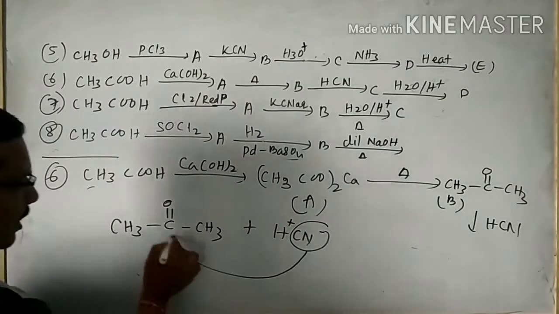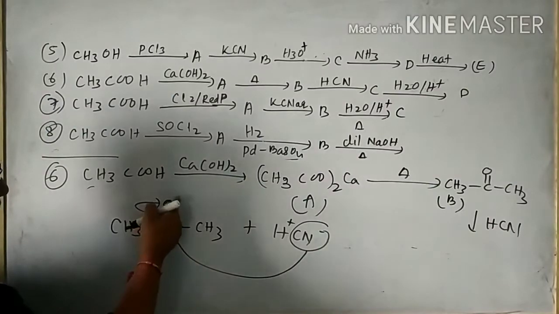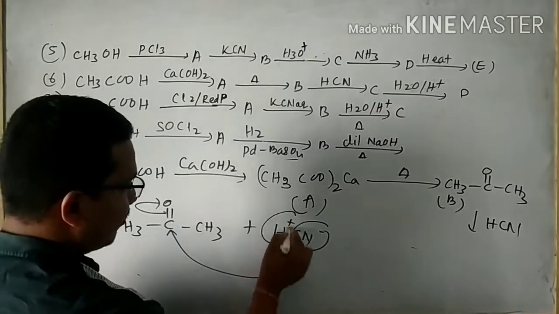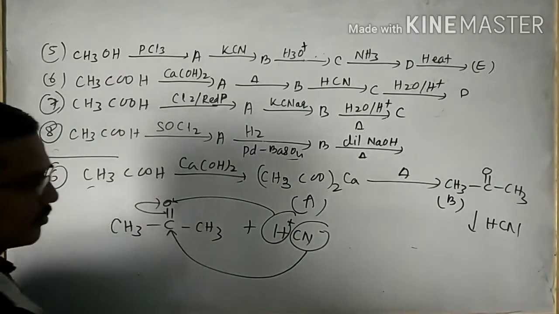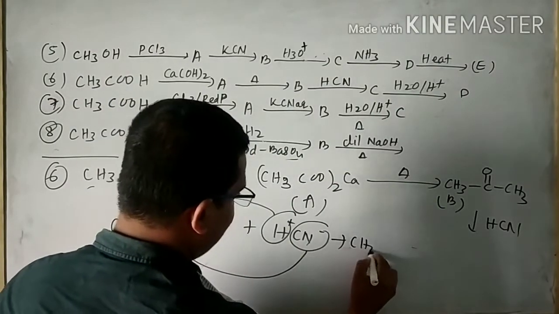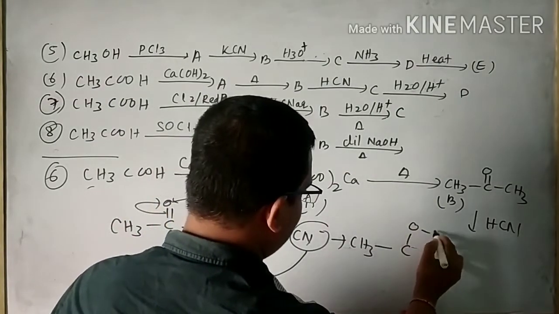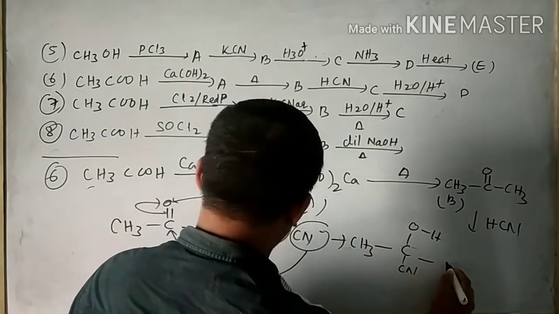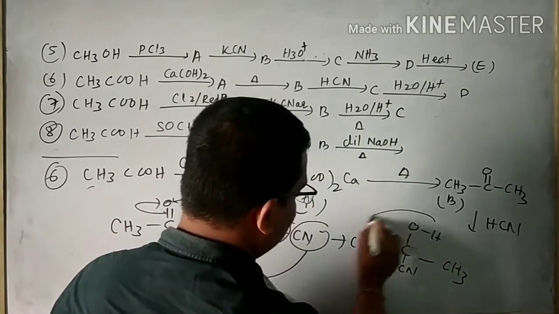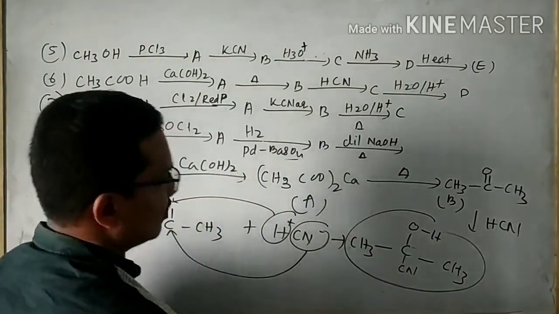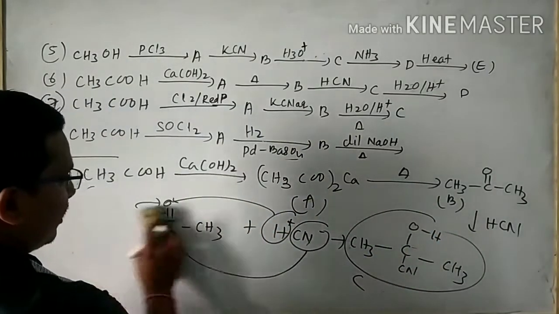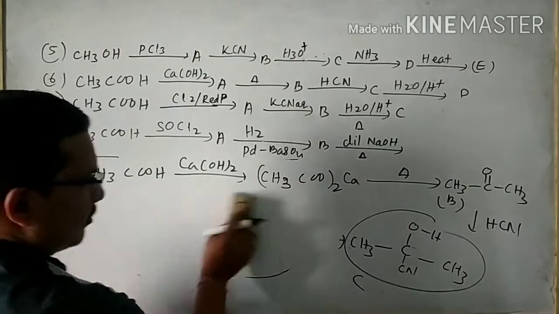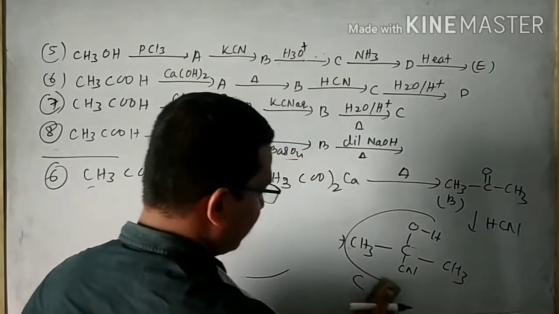Cl minus will attack here, O minus will be formed, and this H plus will attach here. That means we can form CH3 bond C OH, that is your CN, and this is your CH3. This is the product C.